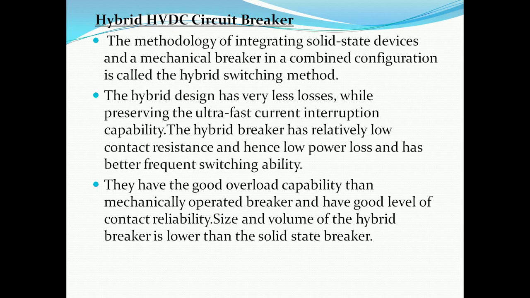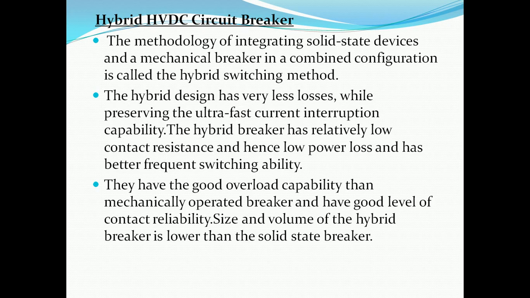Now, to overcome the challenges faced with a point-to-point conventional circuit breaker, we can use a hybrid HVDC circuit breaker. This methodology of integrating solid-state devices and a mechanical circuit breaker in a combined configuration is known as the hybrid switching method.